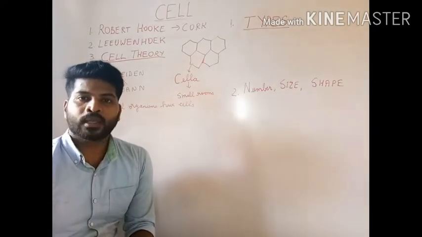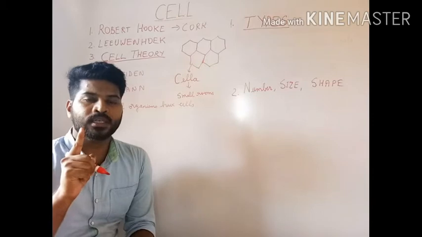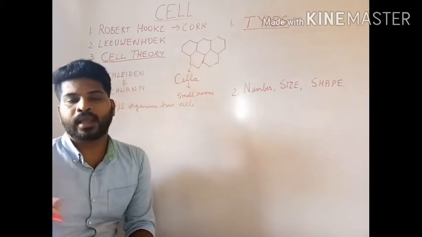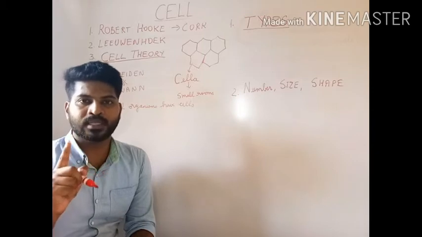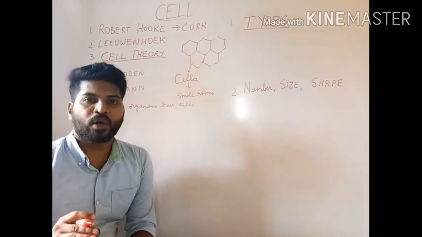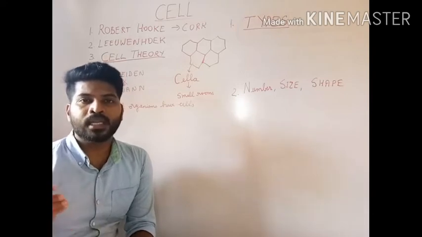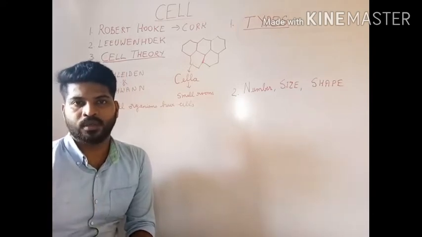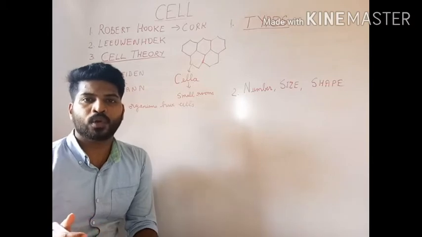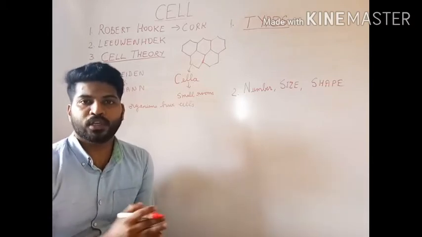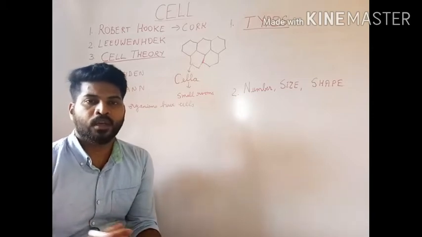As you know, organisms having only one cell are called unicellular organisms. Uni means one. They have only one cell. If organisms have more than one cell, these are called multicellular organisms. Bacteria, protozoa, amoeba, these are all examples of unicellular organisms.